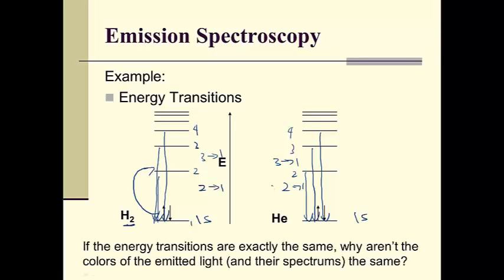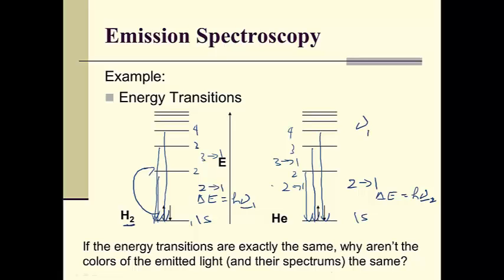Now, if the energy level transitions are exactly the same, how come the colors aren't the same? Well, there must be a simple reason. Even though you're going from 2 to 1 on this one, and from 2 to 1 on this one, the change in energy is going to give you the frequency. And the frequencies are different because you get different colors, different wavelengths. So let's call this nu 1 and nu 2.